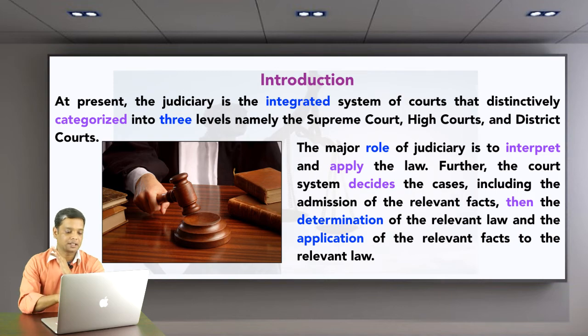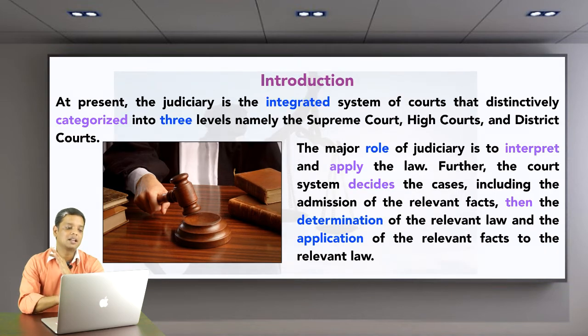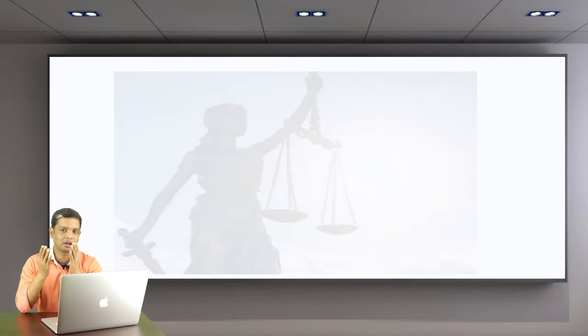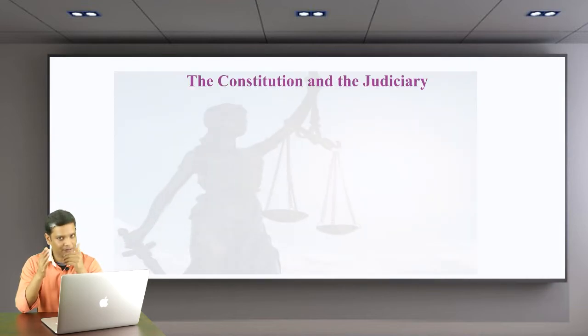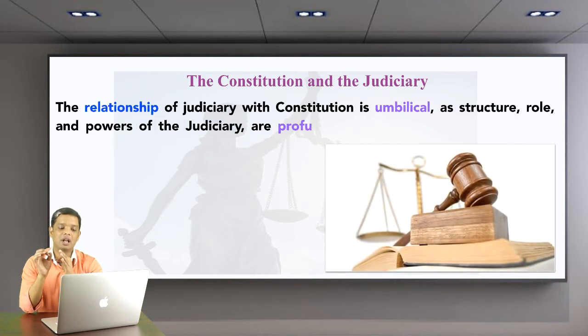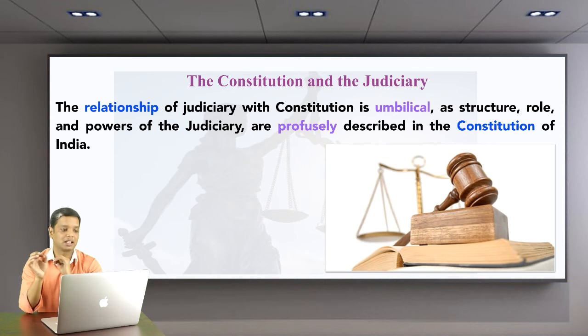Now let's start the second topic, that is the Constitution and the Judiciary. So what the Constitution means in reference to the judiciary. The relationship of the judiciary with the Constitution is umbilical, as the structure, role and powers of the judiciary are profusely described in the Constitution of India.